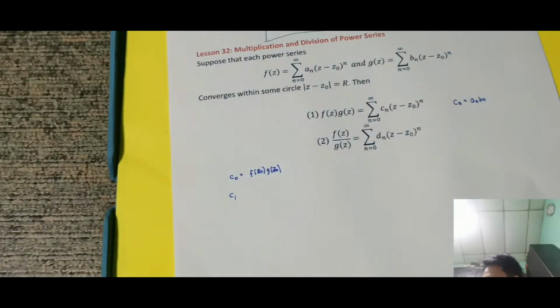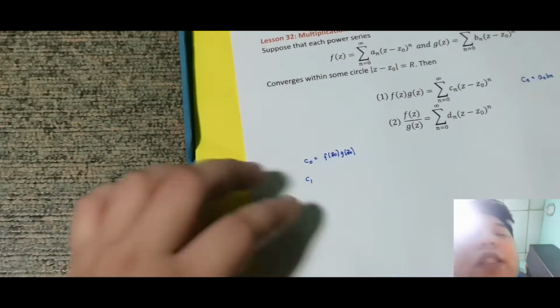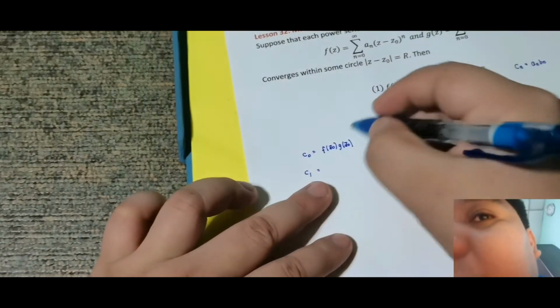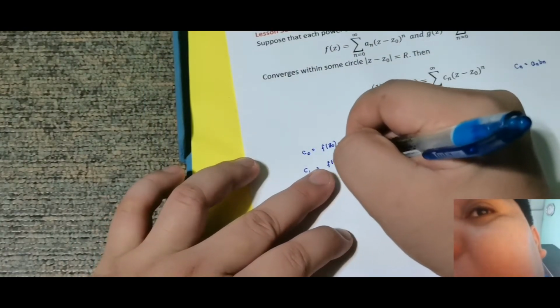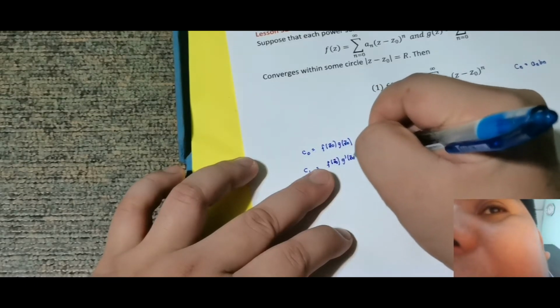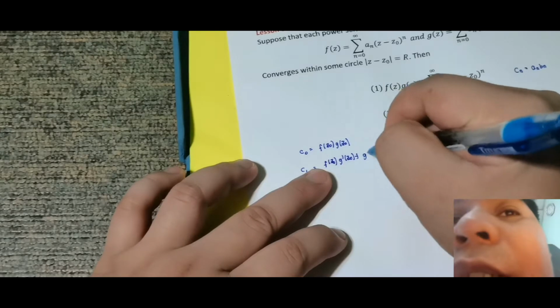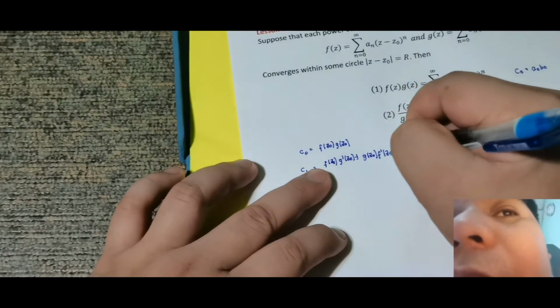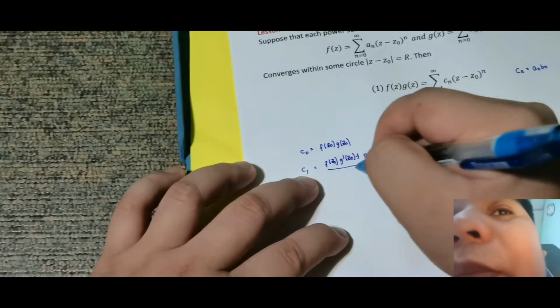Magkakaroon siya ng product rule, kasi nagde-differentiate tayo sa loob nito. So kung naalala mo, parang product rule niya. So this is f of z naught times g prime of z naught plus g of z naught times f prime of z naught over 1 factorial.